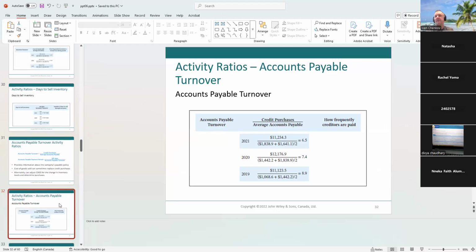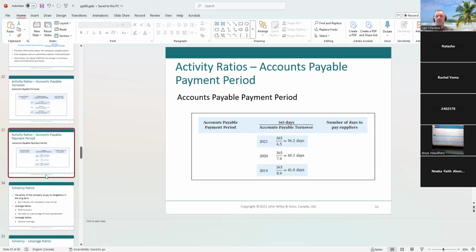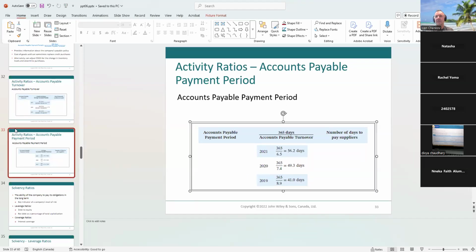You want your money faster. So what are you seeing in this company? You're seeing that accounts payable turnover starts getting lower. That means this company is losing its ability to pay faster. Again, it increases by 2 weeks on average.